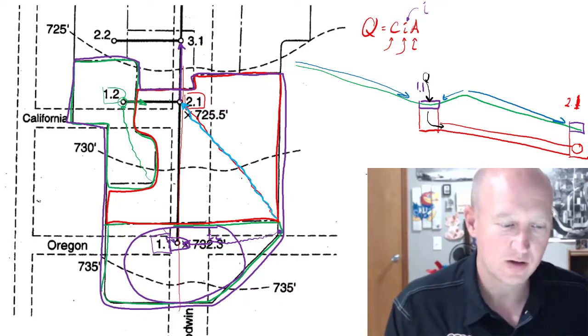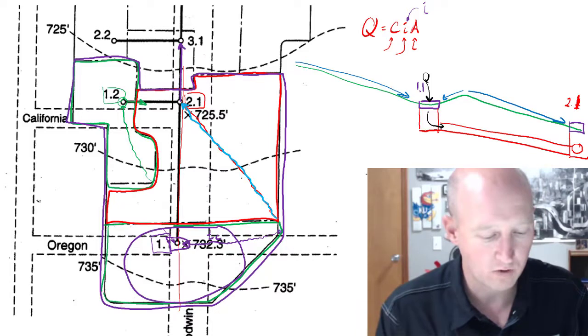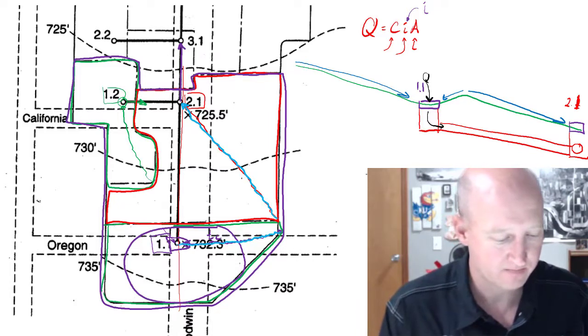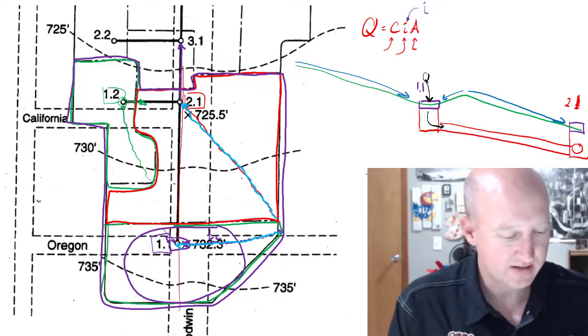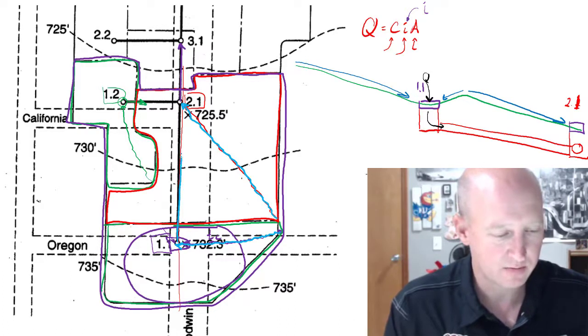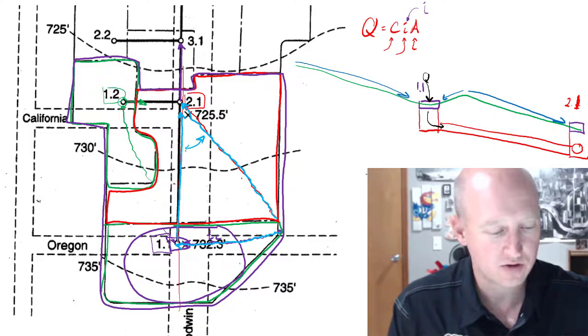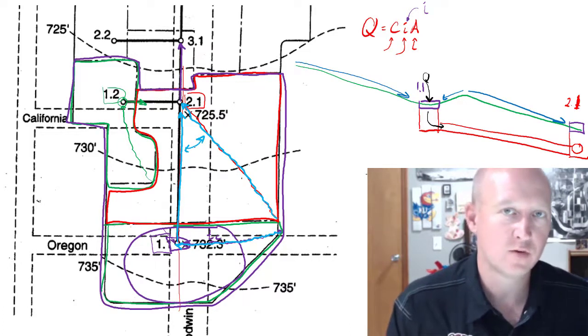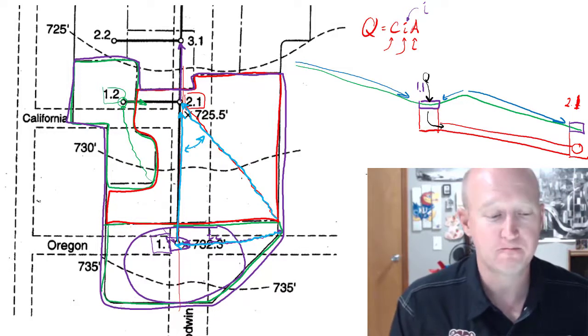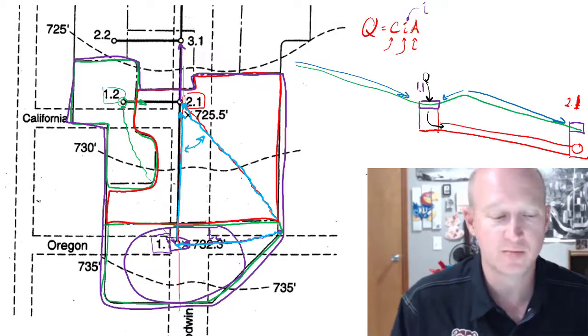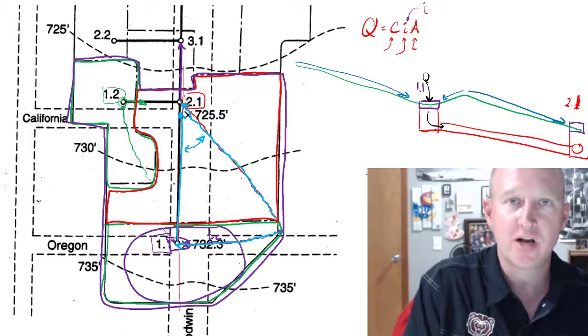Another possibility would be that area 1.1 has a drainage time, and it also has to have a travel time through this pipe. So we would compare these two travel times and use the one that's the longest, and that'll give us the duration of storm that corresponds with both of those areas being fully drained.